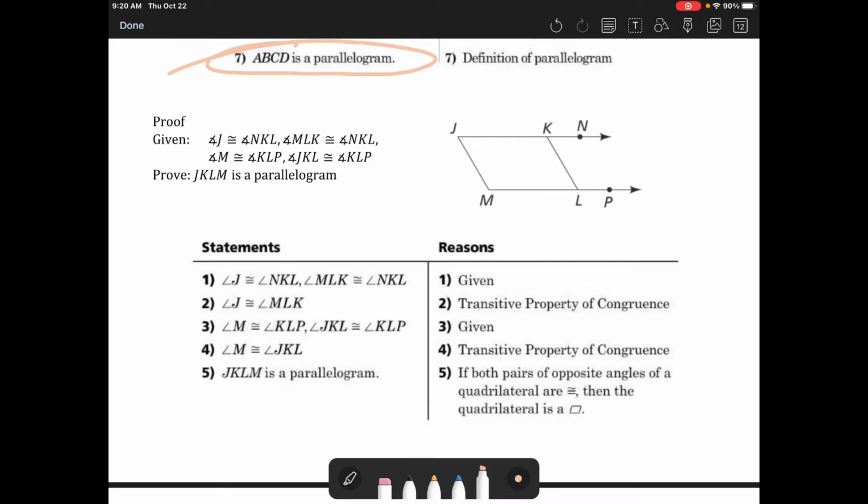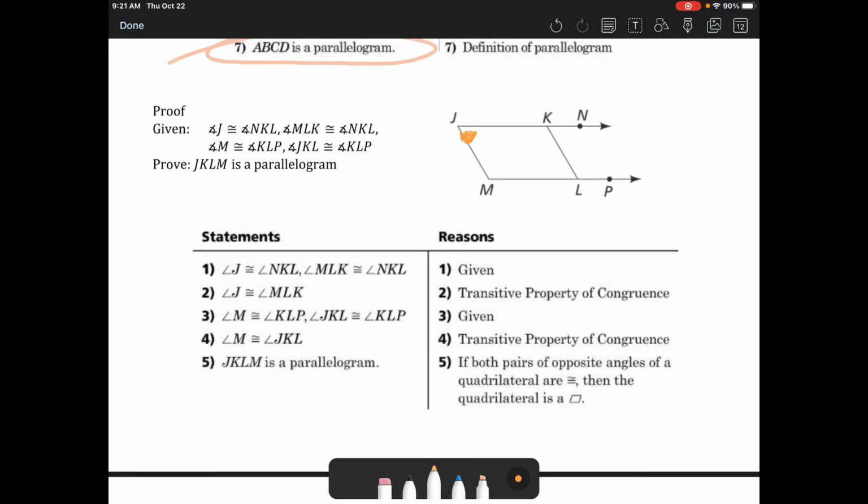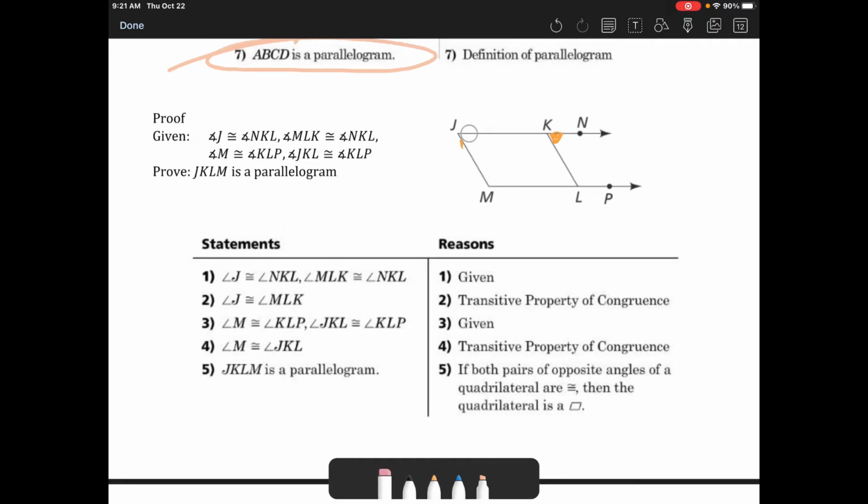All right, given that angle J is congruent to angle NKL, so let me mark these up. So angle J is congruent to NKL, so NKL, that would be right here. And then MLK is congruent to NKL.